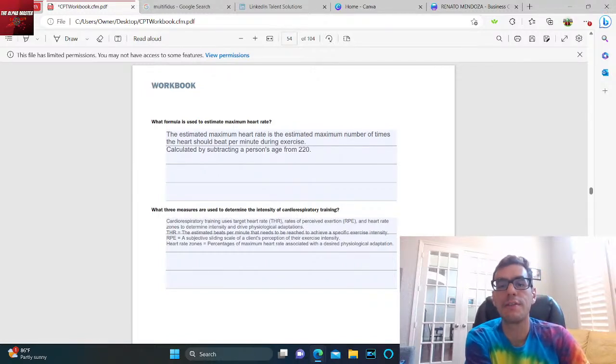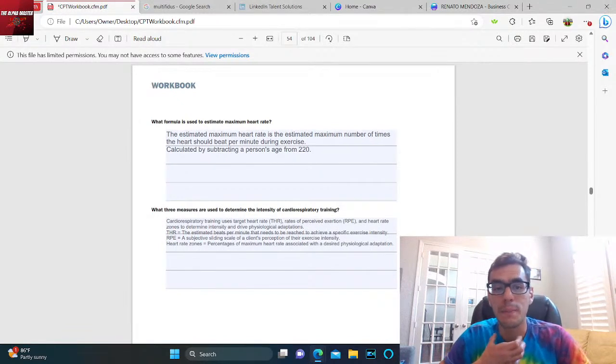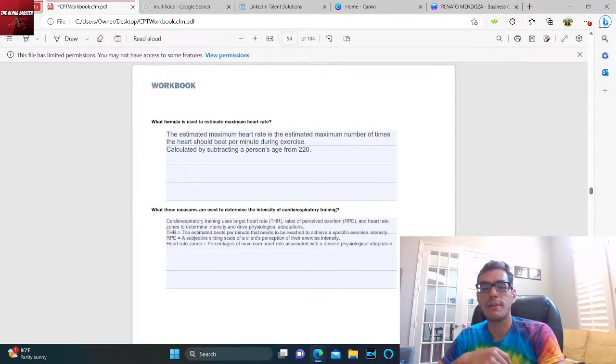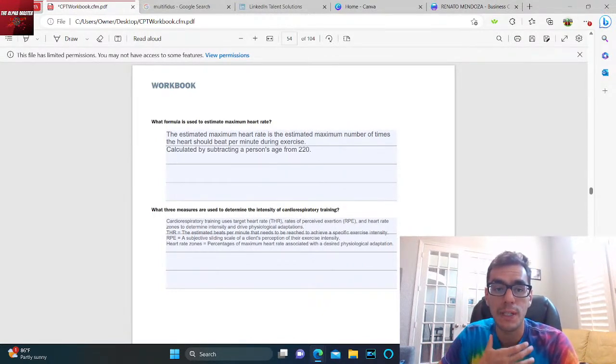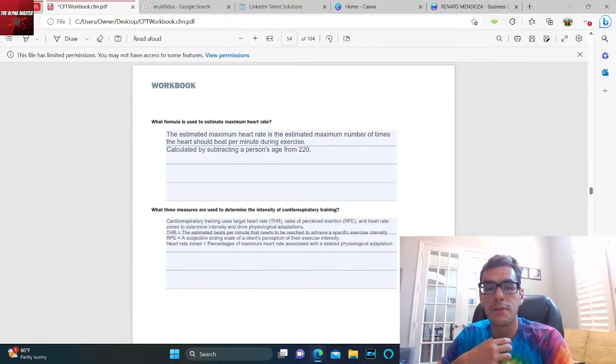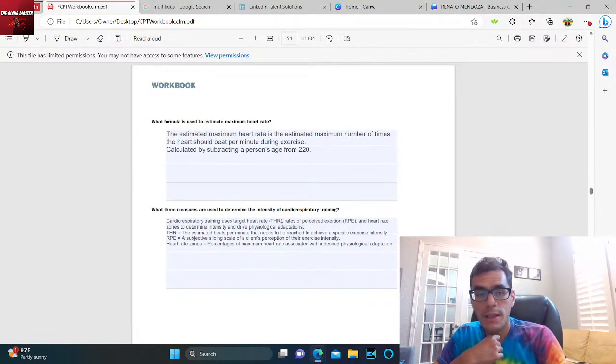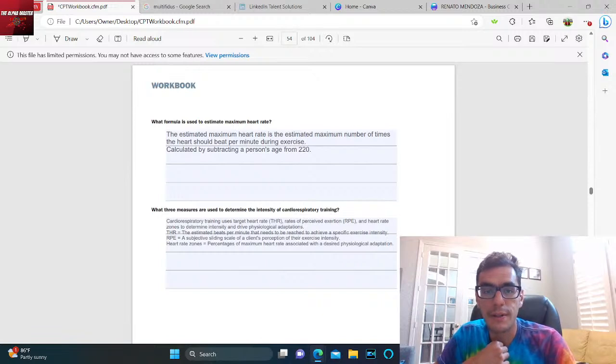The estimated maximum heart rate is the estimated maximum number of times the heart should beat per minute during exercise. It is calculated by subtracting a person's age from 220.